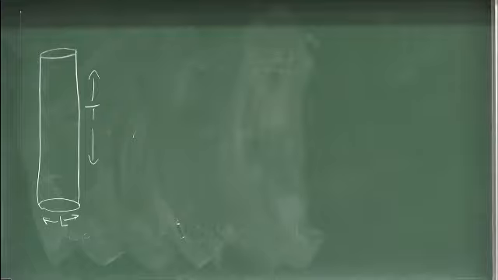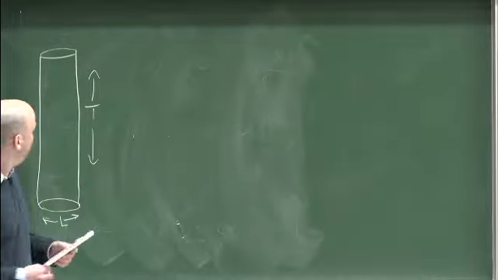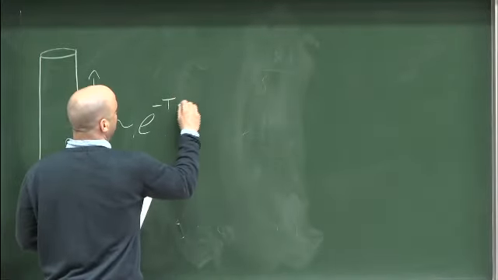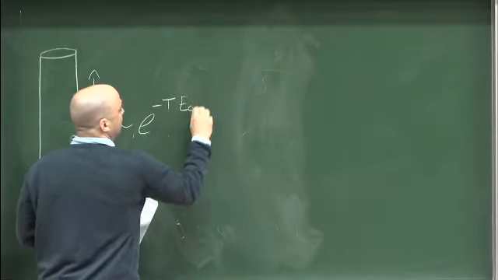Compute the partition function in this compactified time direction. It's like putting the theory in contact with a thermal bath. In the limit where this t is very, very large, the partition function goes like e to the minus t times the ground state energy.